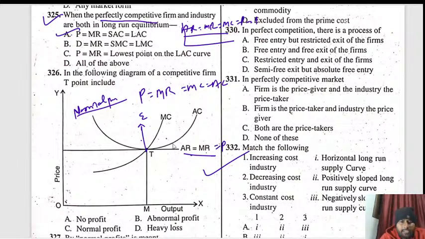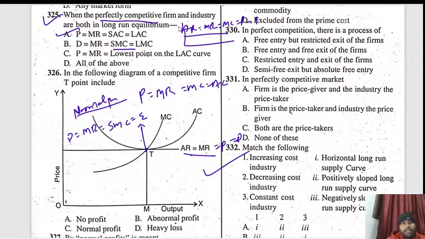Here D is only the demand curve, so we can again write it: D equals MR equals marginal cost, SMC equals long run marginal cost. This is only for confusion, short run marginal cost, long run marginal cost.